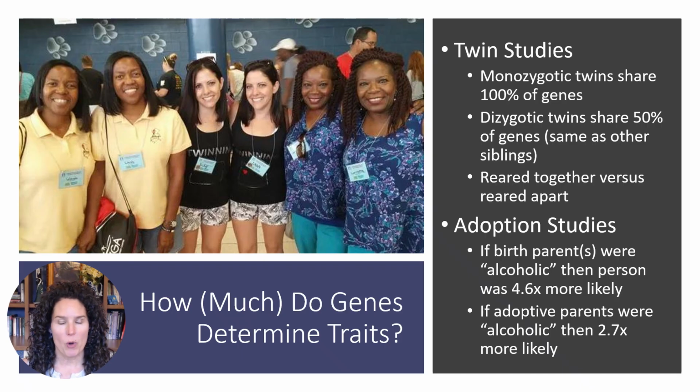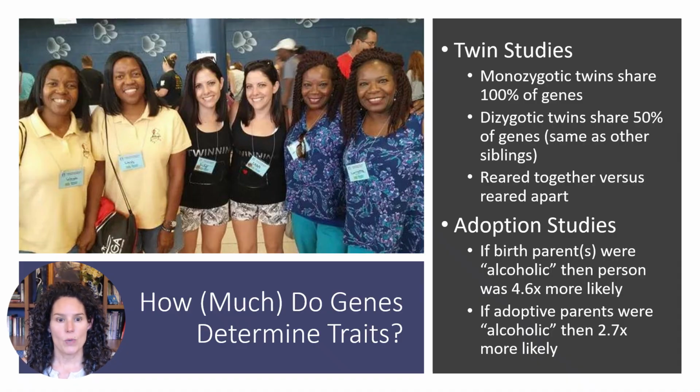Okay, so a little bit more about twin studies. I always figure if you're an identical twin, you've probably been asked to be in a twin study. So just so we're getting our distinctions clear, monozygotic twins are identical twins, and they share 100% of the same genes. Dizygotic twins, also called fraternal twins, share 50% of the same genes, just like any other siblings.